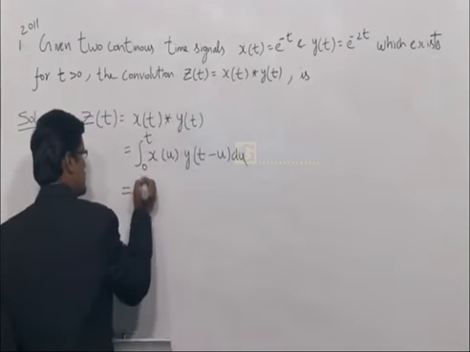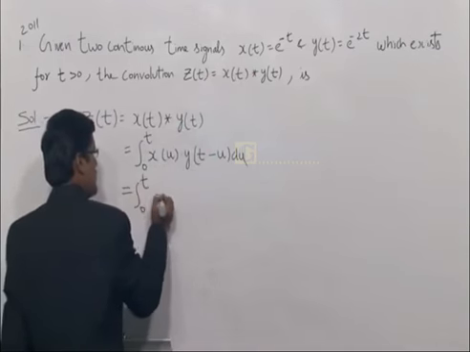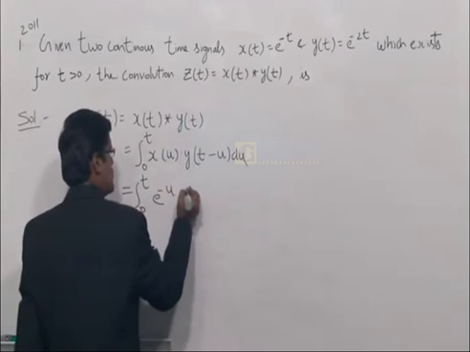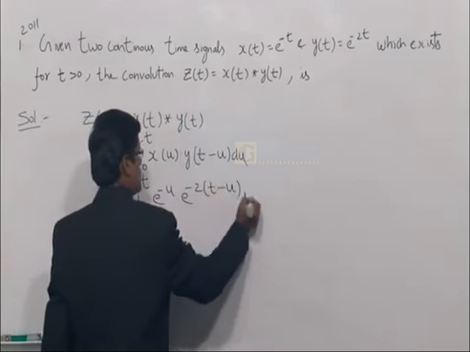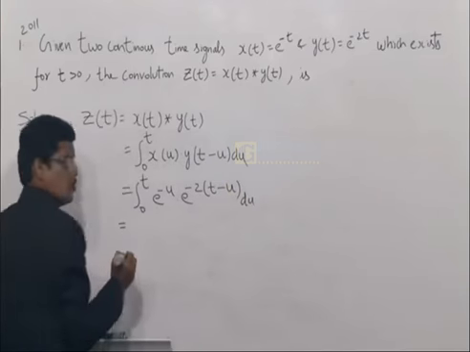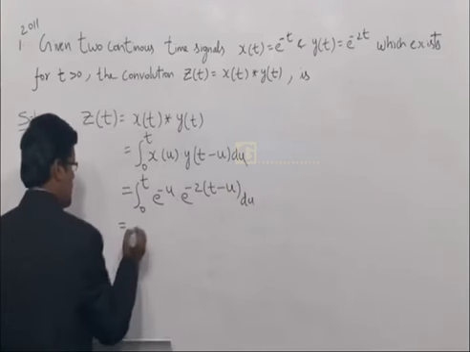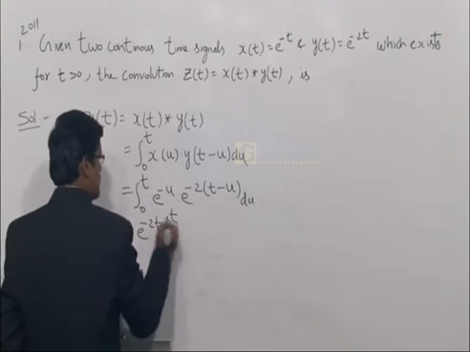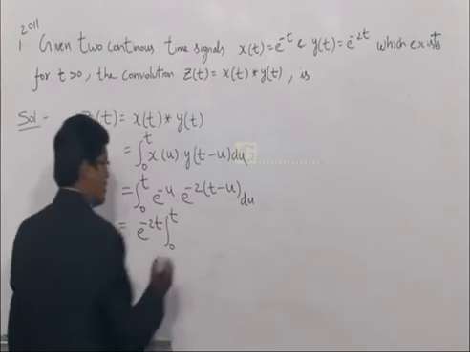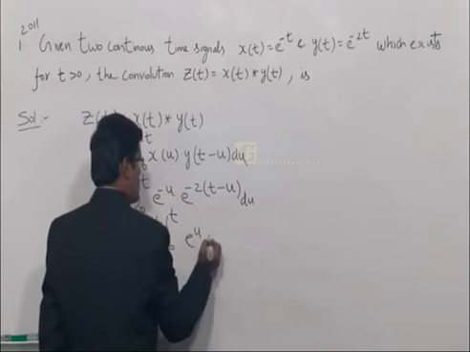This is equal to integral 0 to t e power minus u into e power minus 2 into t minus u du. So with respect to u, the t term is constant, keep the t terms outside, e power minus 2t, integral 0 to t, and the remaining u term simplifies to e power u du.